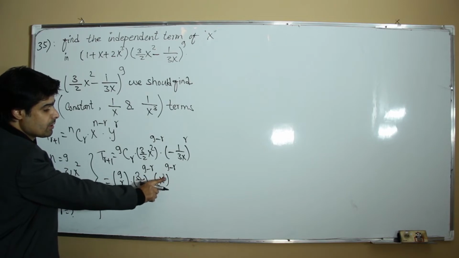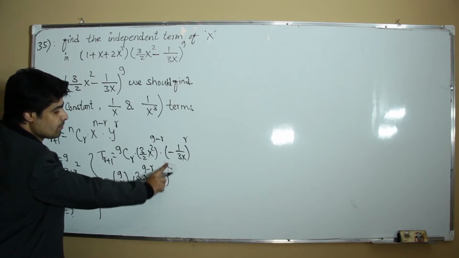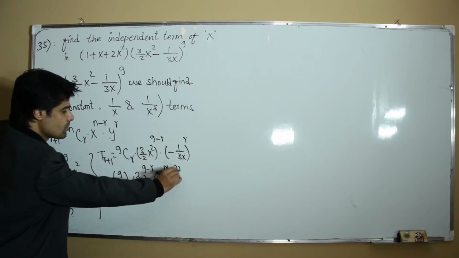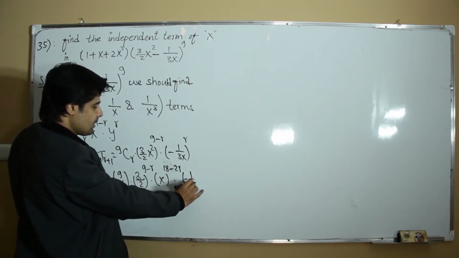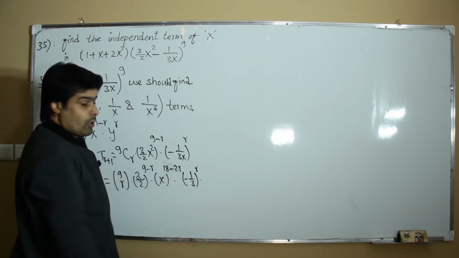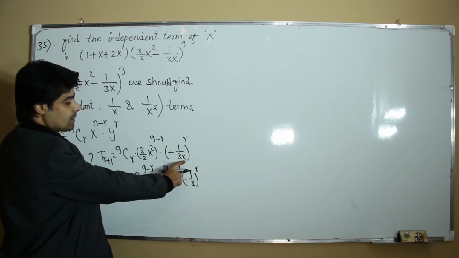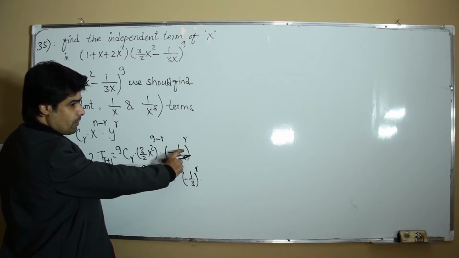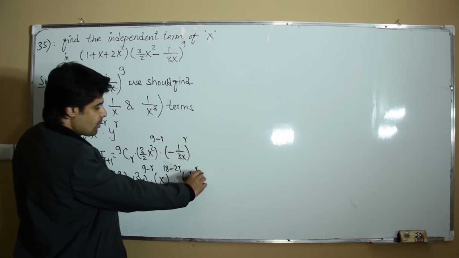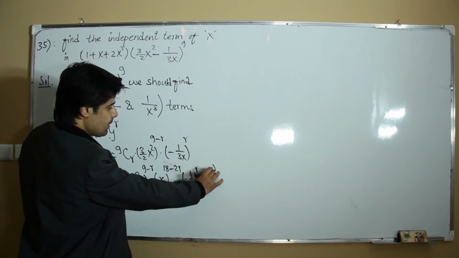2 with 9, it is 18, minus 2 times r, it is 2r. In here we have minus 1 divided by 3 raised to the power r. And this x, if we put this one in denominator, it is x to the power minus 1 times r, x to the power minus r.